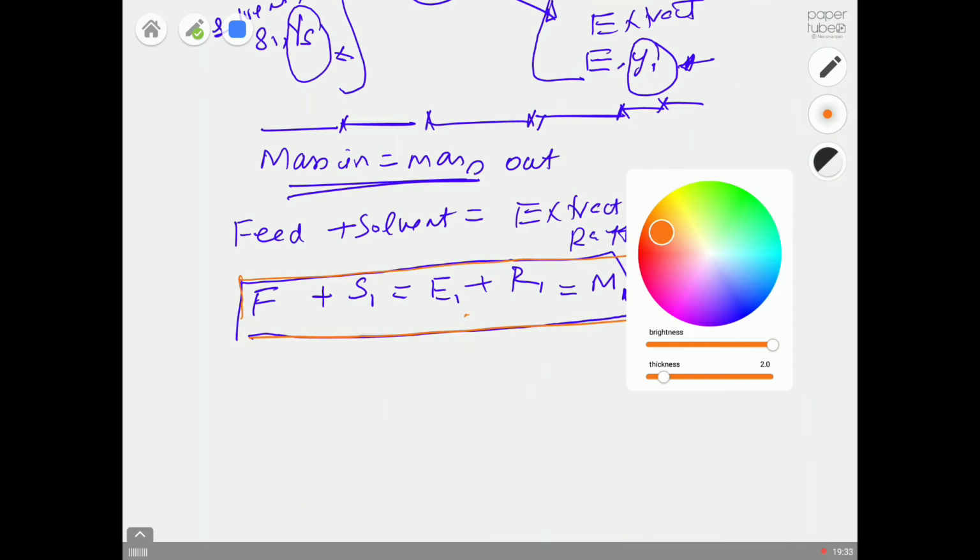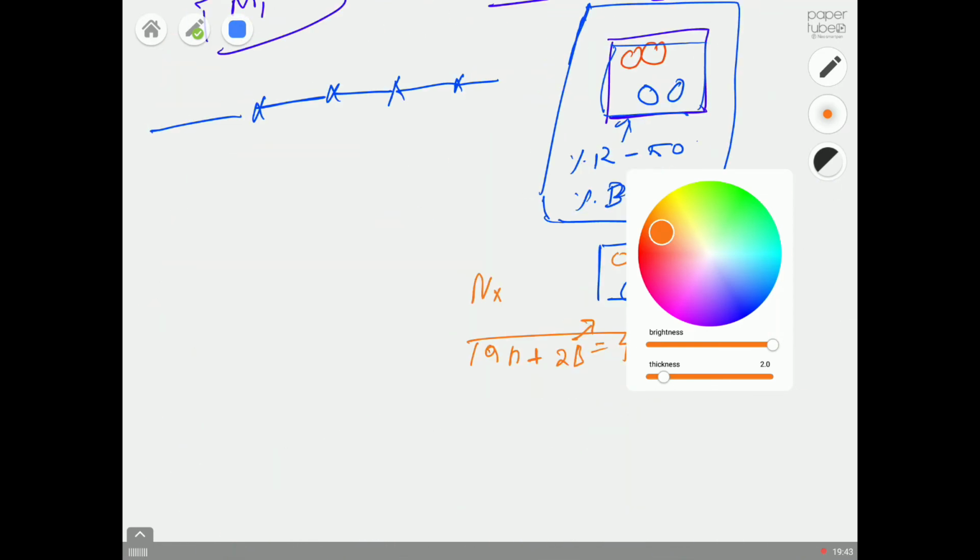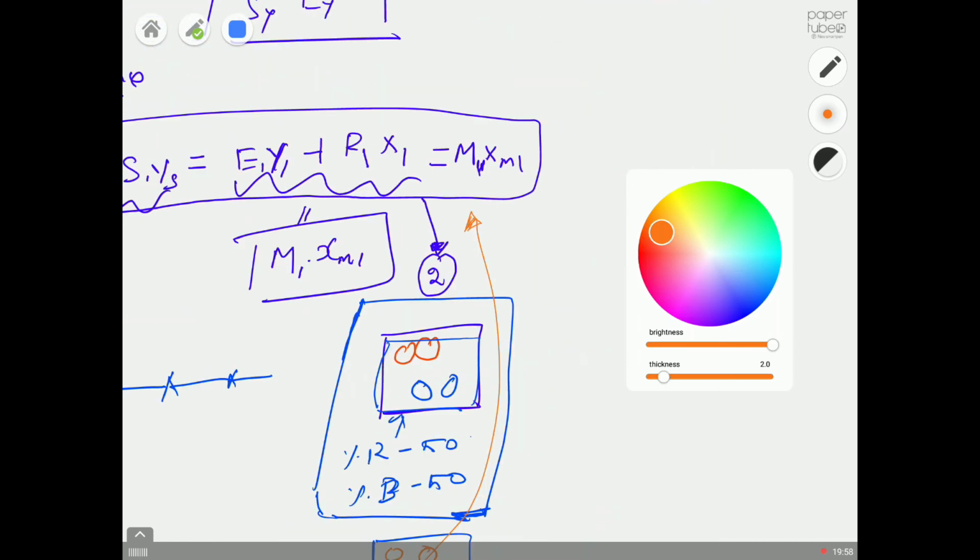And if you want to perform it with fractions, then it will be the total number of balls multiplied by the fraction of red balls plus the total number of balls multiplied by the fraction of blue balls. That should be equal to 4 as well. So this is nothing but your equation 2, which is shown here.